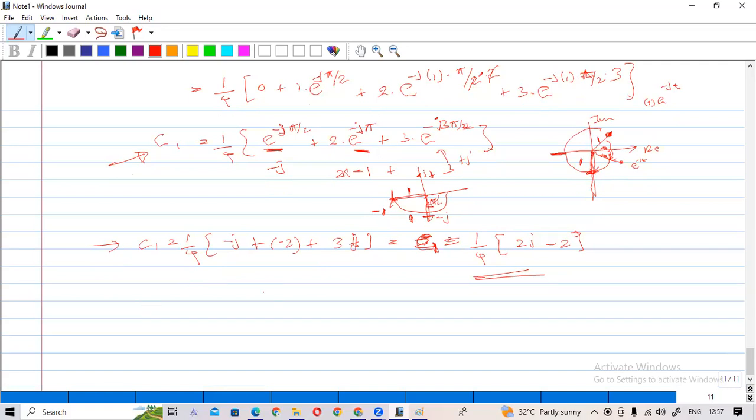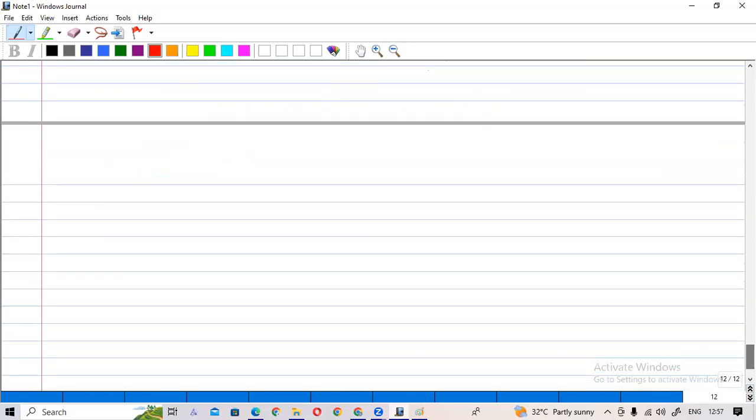Okay. Now you have to find the C2 value. That is k is equal to 2. So to find C2, k is equal to 2.